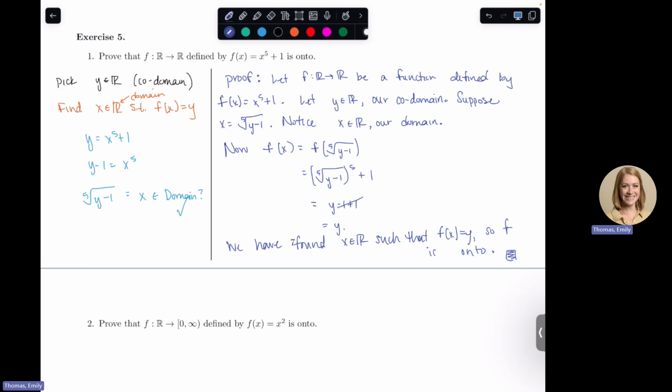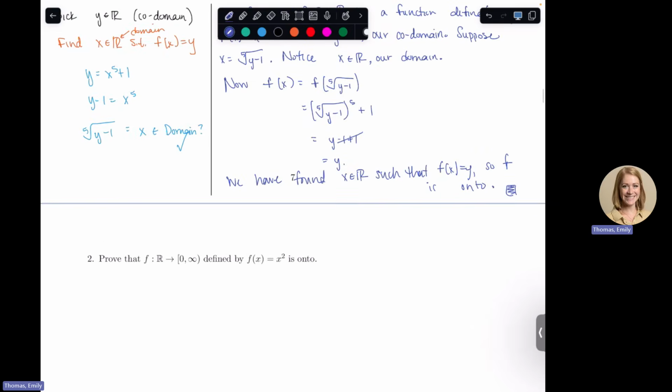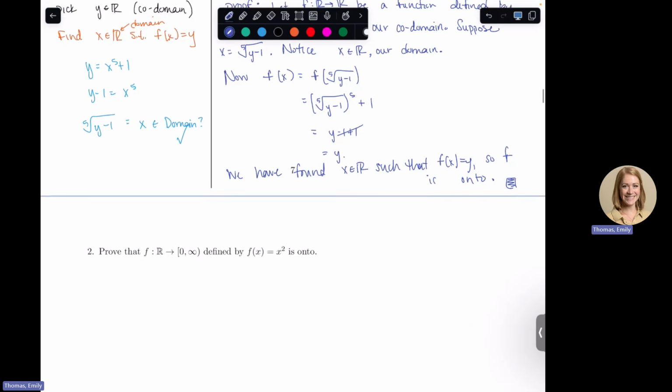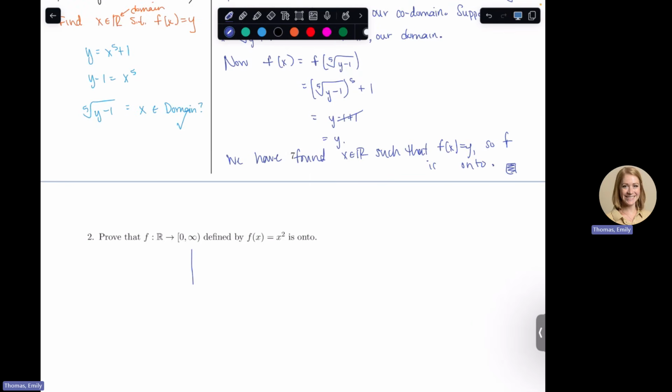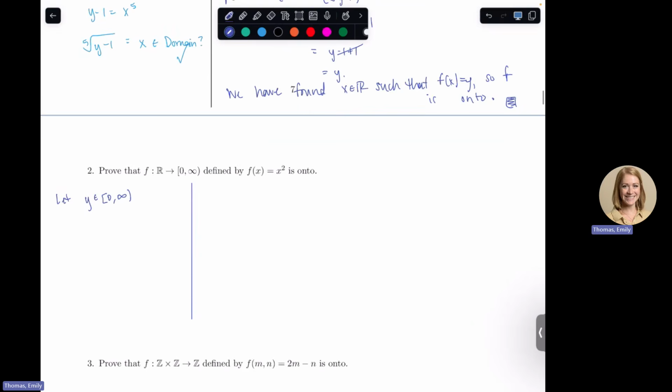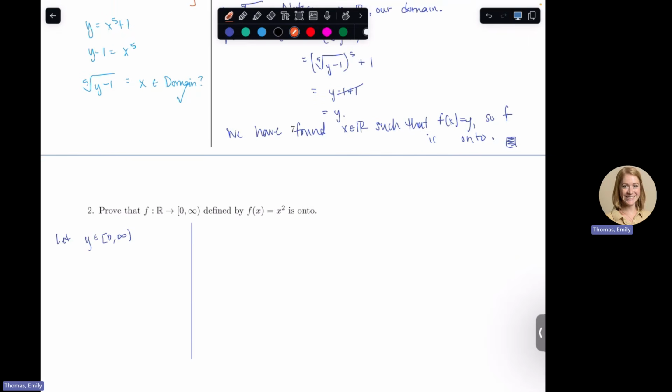Ready to try it on the next one? Yes? All right, so we are going to pick y in our target, which is 0 to infinity here. And we want to find an x in R such that y equals f of x.